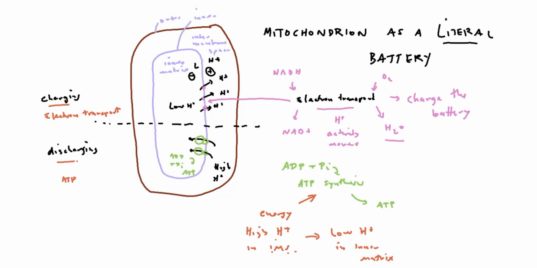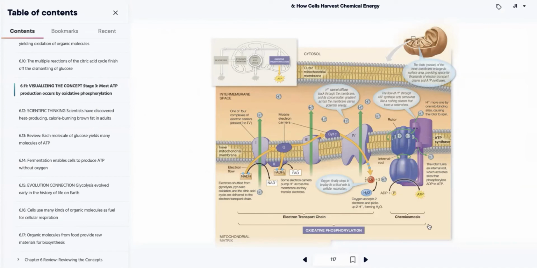Okay, think about that for a little bit. And then you could return back to that picture that we had before, and maybe it'll make more sense now. Okay, remember, all this here is electron transport.